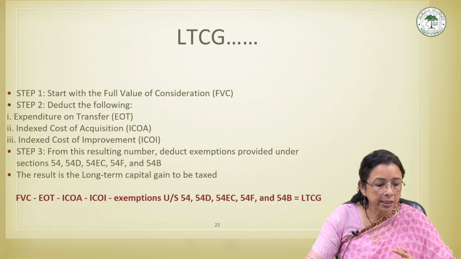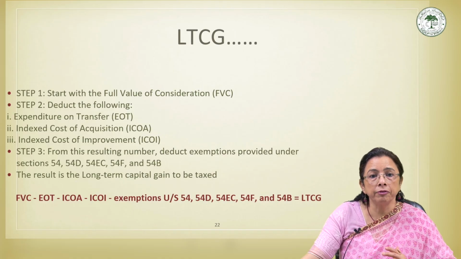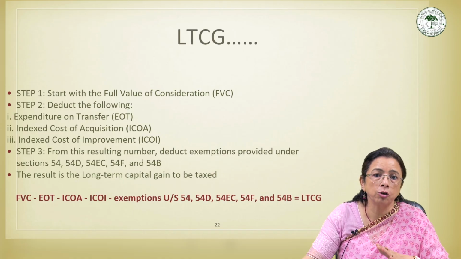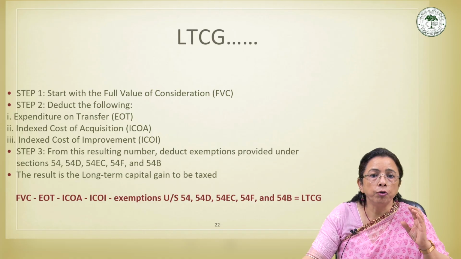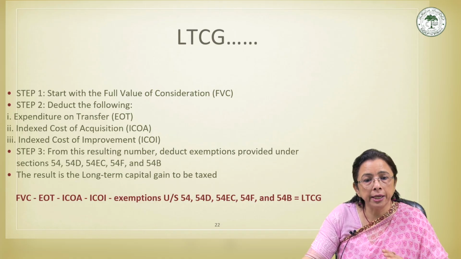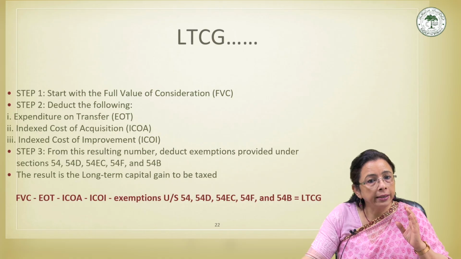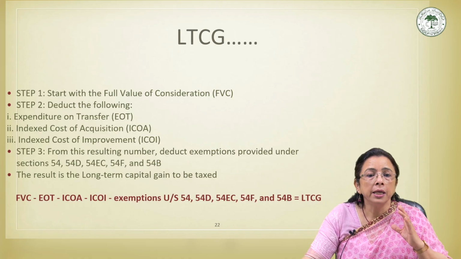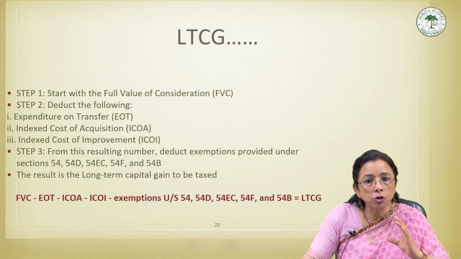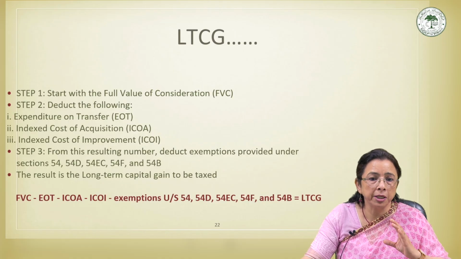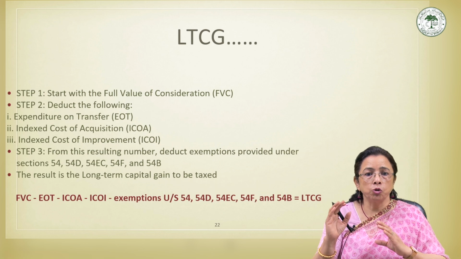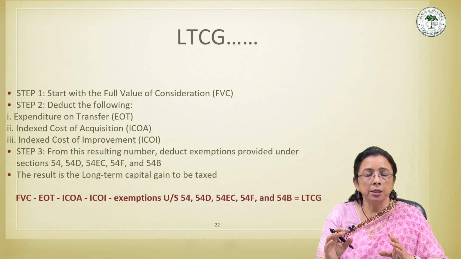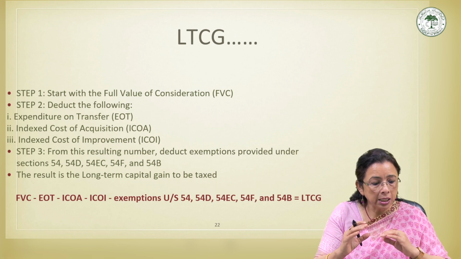The exemptions available are section 54, on the sale of a residential house, 54B agricultural land, 54D compulsory acquisition, 54EC investment in specified bonds, and 54F sale of any asset and investment in a house. These have to be taken into consideration.